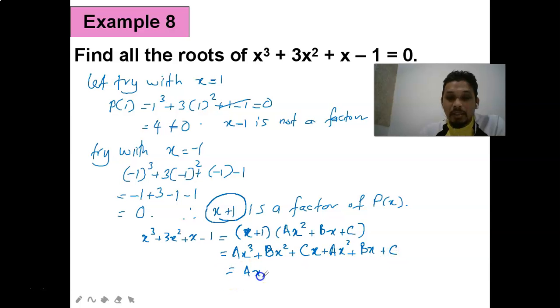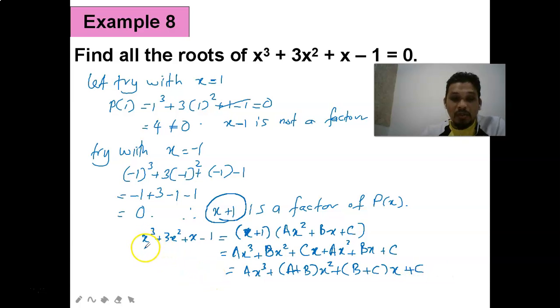Then ax cubed plus x squared terms: a plus b, x squared. Then for the coefficient of x, we got b and c, so b plus c, x, plus c. So from here, we compare the one on the left side with the one on the other side.